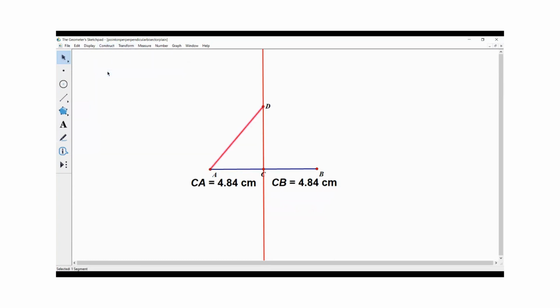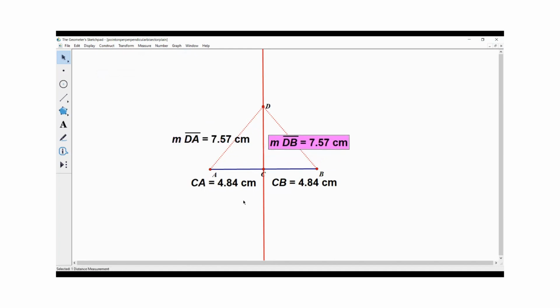Let's make it dotted. And then I'm going to make one over here as well. If you look at those two segments and I measure the distance from each of those endpoints back to D, notice that it's 7.57 here and 7.57 here.